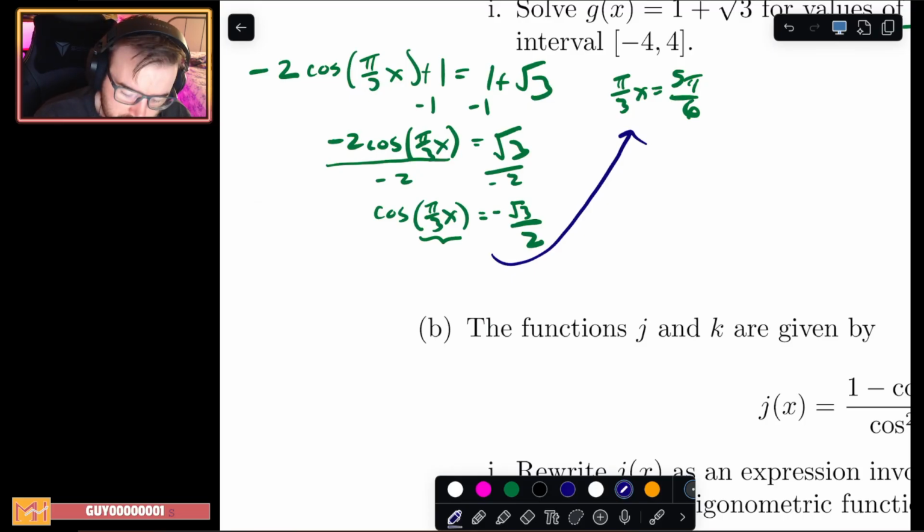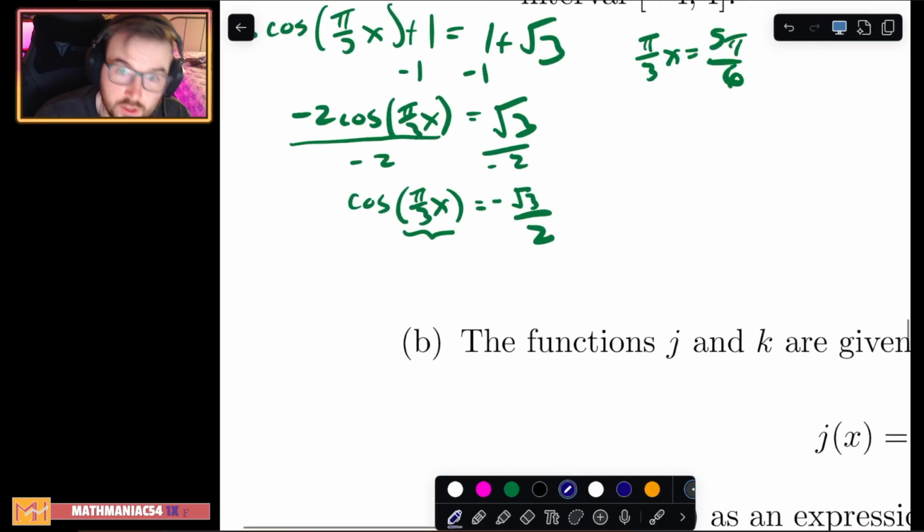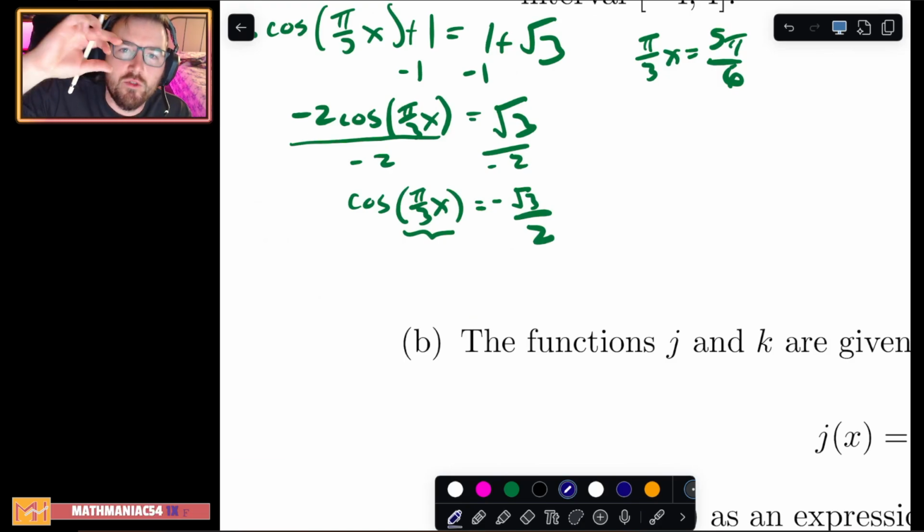Cosine equals negative root 3 over 2 on multiple occasions, right? We can't just cancel away cosine and ta-da, here's the answer. Cosine equals negative root 3 over 2 over and over as we wrap around the unit circle, and we need those two main occurrences from the unit circle. That's where we need to start.